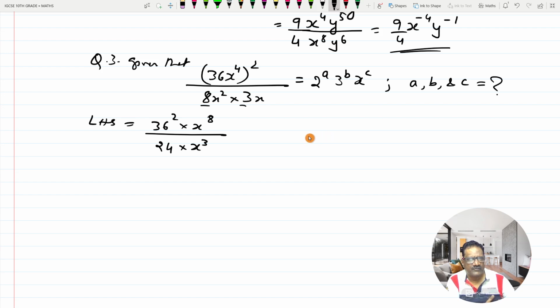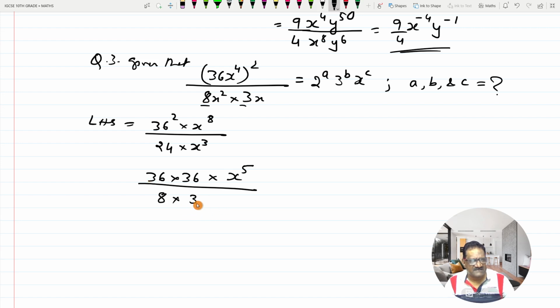Now what I can do is this 36 square, let me write as 36 into 36, and this x I can write as x raised to 8 minus 3, that is 5. And here I have 24, which I can write as 8 into 3. Let us see. Yeah, this is my left hand side, right?